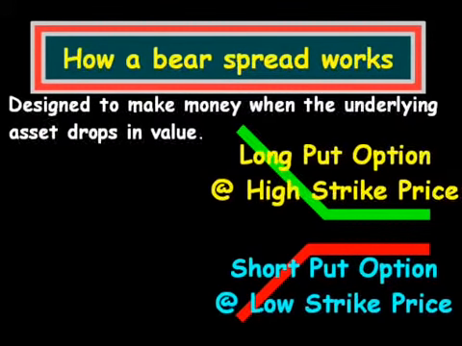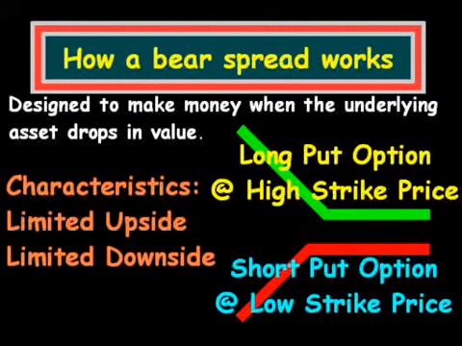So we have a long put option at a high strike price and a short put option at a low strike price. And characteristically we have limited upside and limited downside.